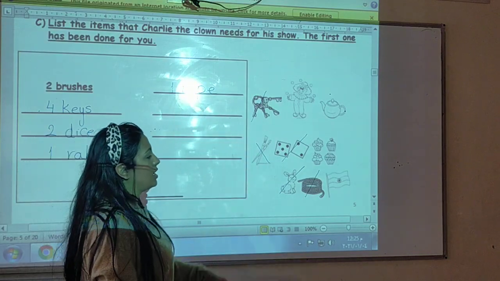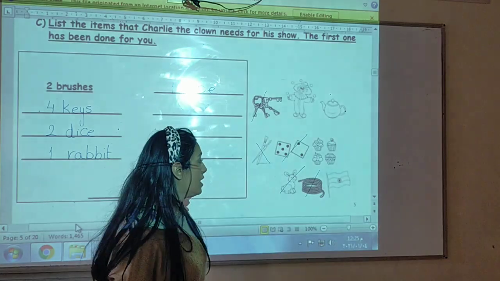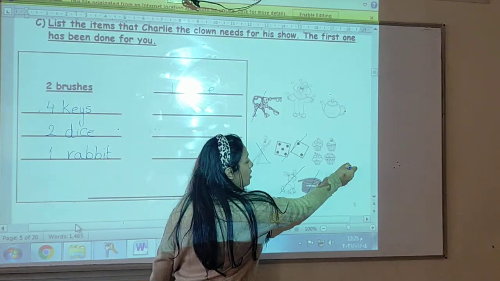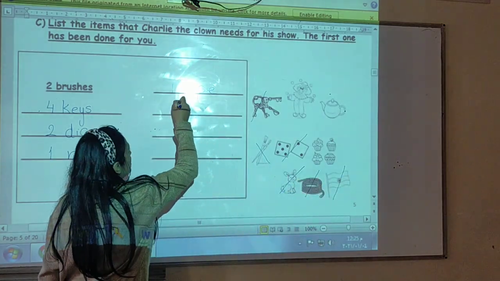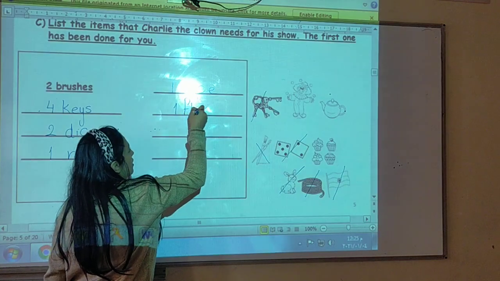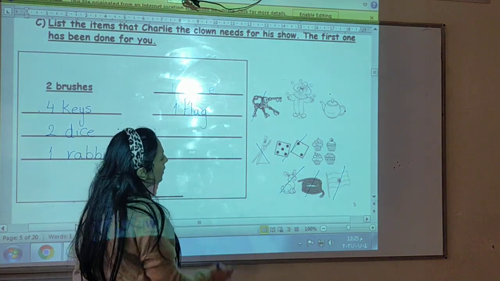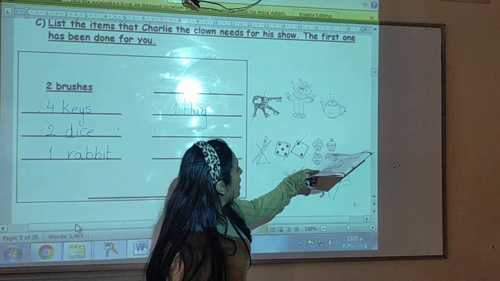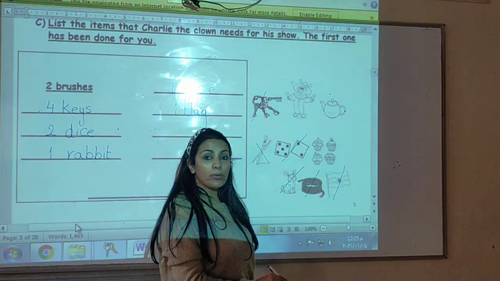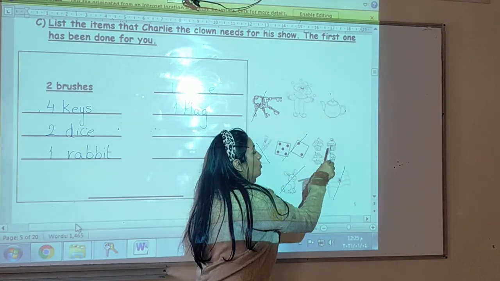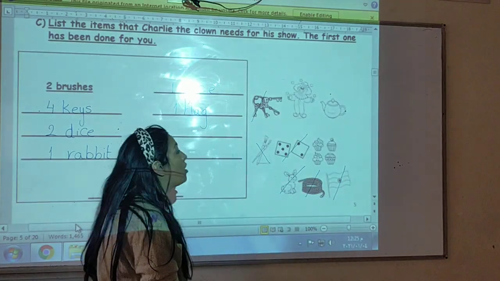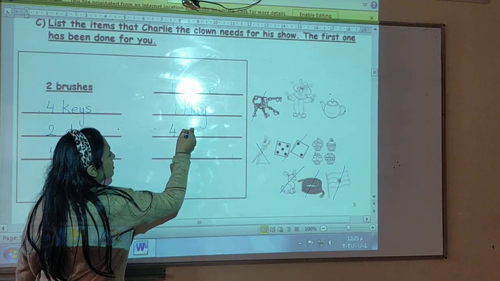What else can you see? Flag. Okay, can you see this? It's only one flag. So we are going to write one flag. What else can you see? Cupcakes. Okay, how many cupcakes here? 1, 2, 3, 4. So there are 4 cupcakes.